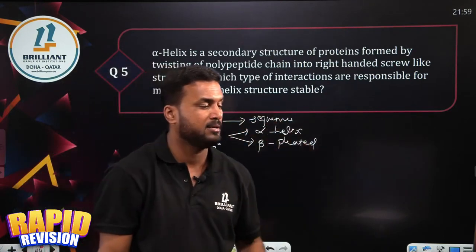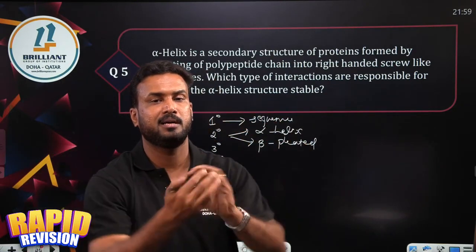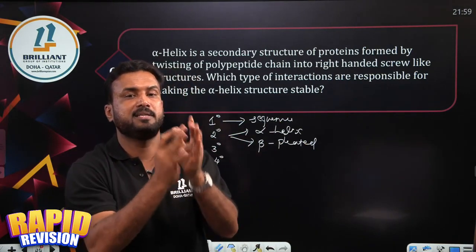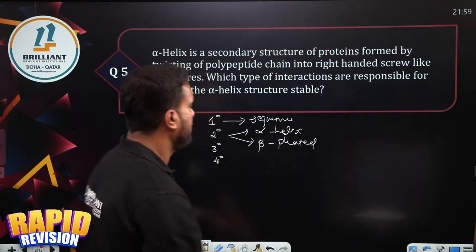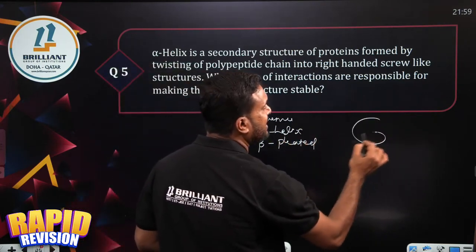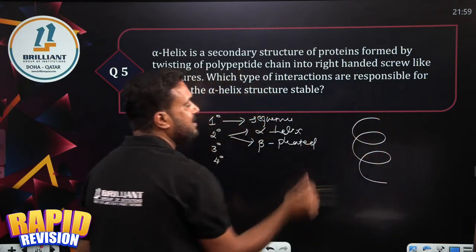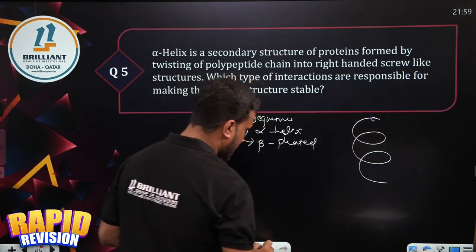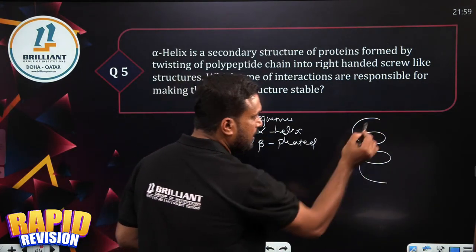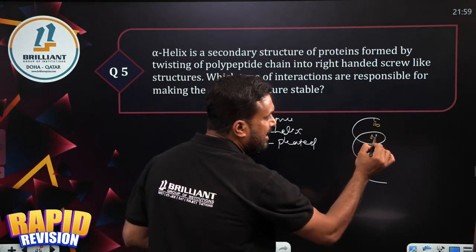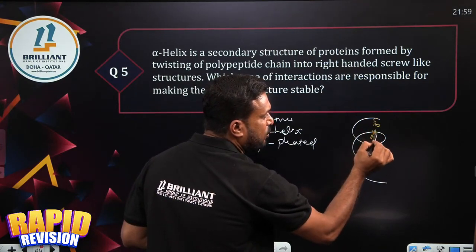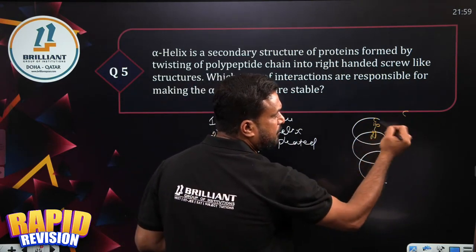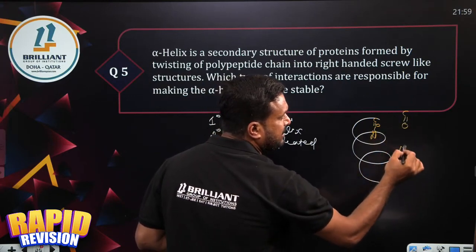Secondary structure represents the winding and twisting, how the polypeptide chains are twisted and wound to form a protein. The alpha helix is a right-handed staircase-like structure in which two amino acid units are combined like this: here C double bond O, and another unit has NH. The C double bond O of one polypeptide chain interacts with NH.